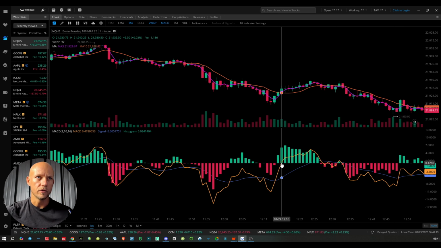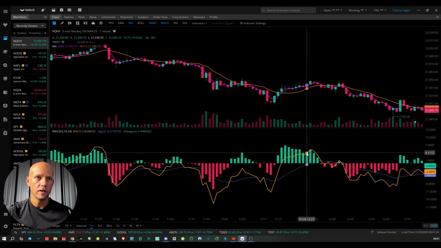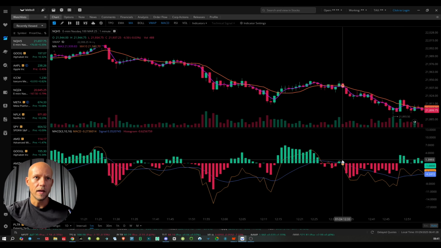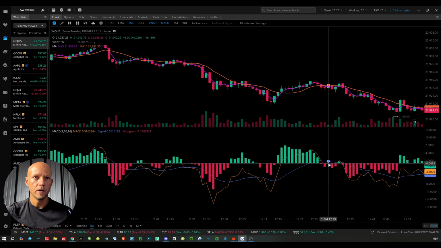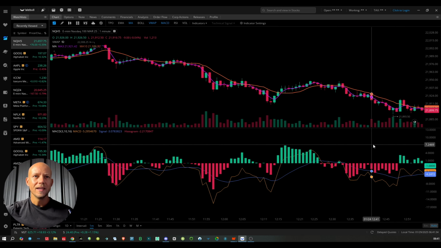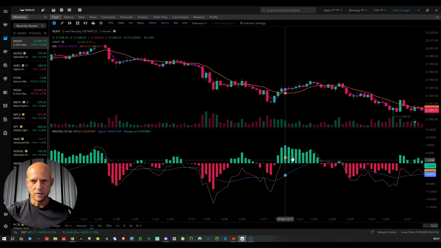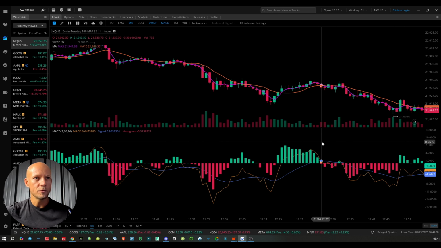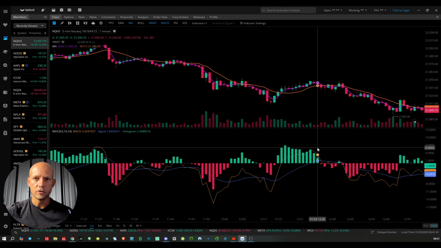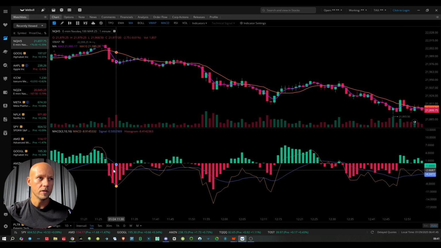There's no difference. So it's trading above zero here because the fast is above the slow. Again, on this side, when it crosses down, it goes on the negative side. So it's indicating momentum, basically. When it's an uptrend, it's going to trade above the zero. When it's a downtrend, it's going to trade below the zero line.